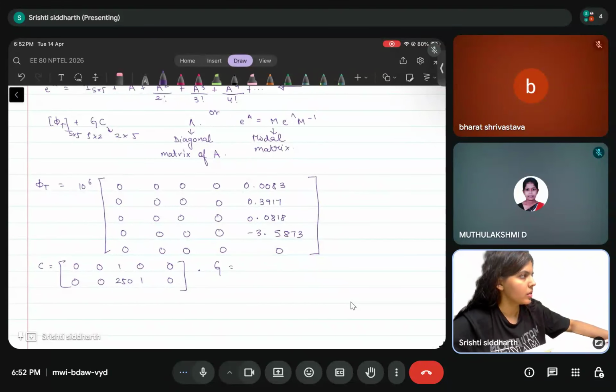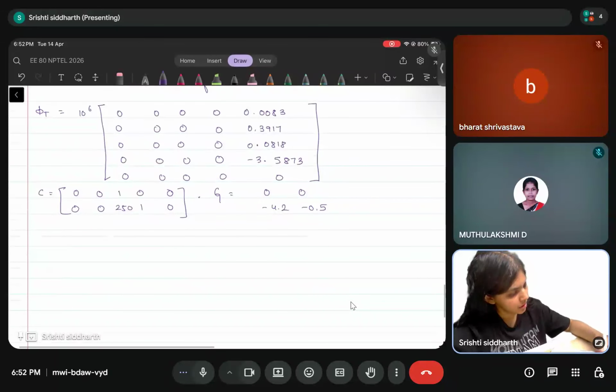G was 0, minus 4.2, minus 0.5, minus 0.2, 0, 1.1, 0.1, minus 0.10.